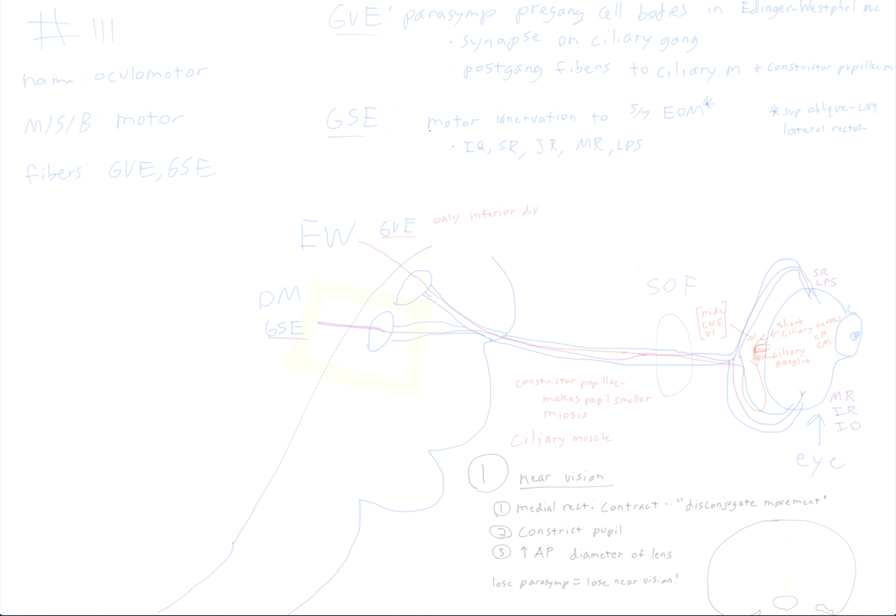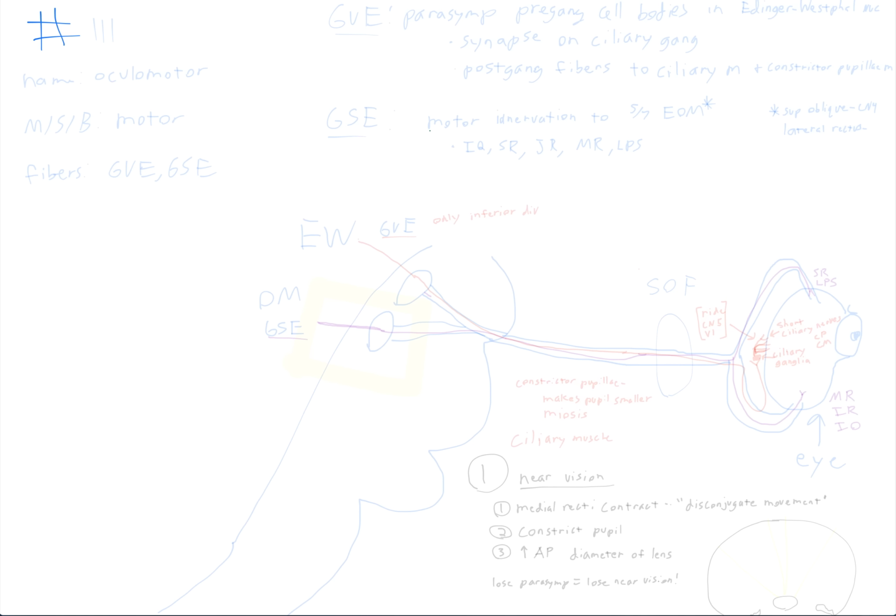So GVEs, we briefly touched on this. So these are parasympathetics whose preganglionic cell bodies are where? Good. Parasympathetic preganglionic cell bodies in the Edinger-Westphal nucleus.